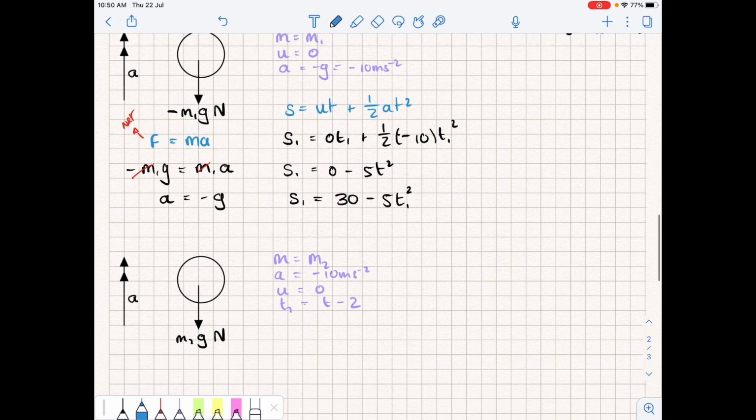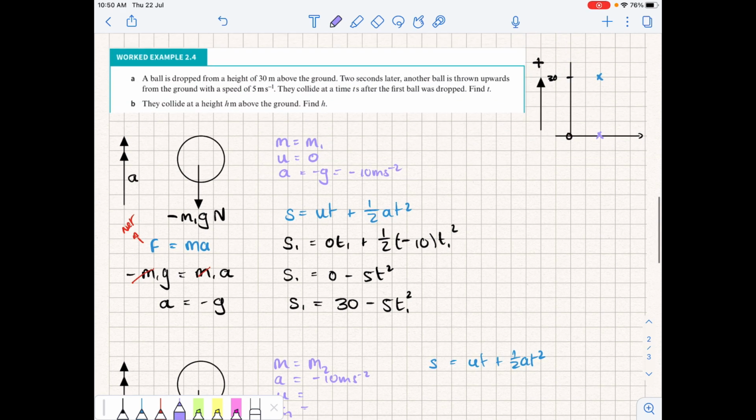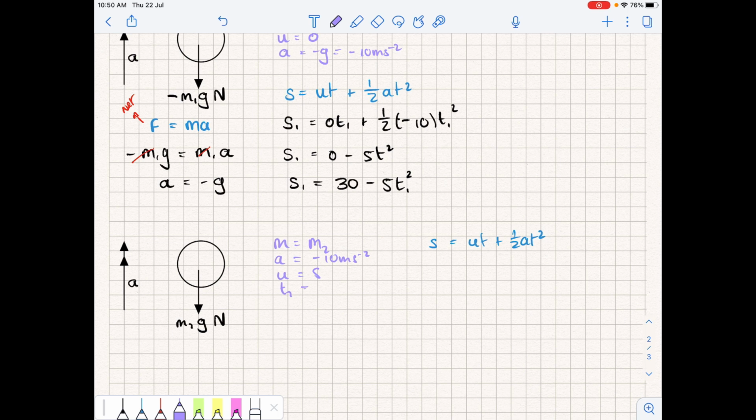The only thing we have left to do now is create our displacement function. So we'll call it displacement 2, and we'll use the same formula again. We can go back to the question, and the question said our starting velocity was 5 meters per second.